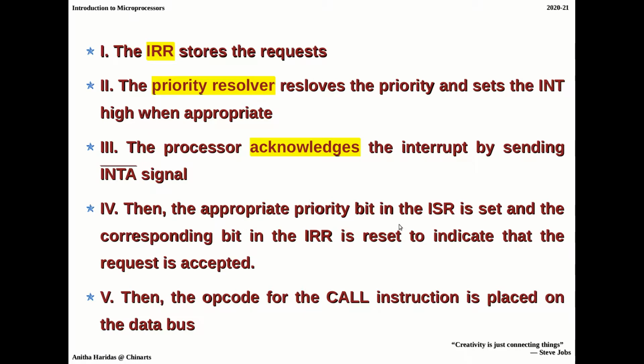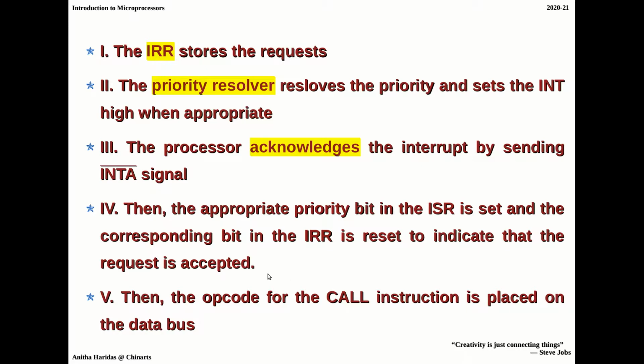The appropriate priority bit in the in-service register will be set to the value 1, and the corresponding bit in the IRR will be reset. Resetting means what? The IRR bit for IR0 is now 1. It will be reset to 0 to indicate that the request is already accepted by the CPU.